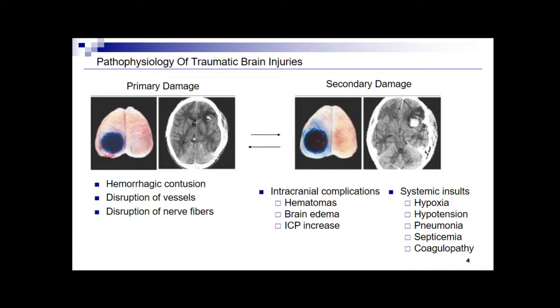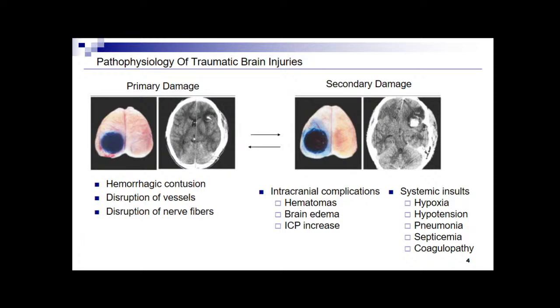Intracranial complications may be different types of hematomas: epidural, subdural, and intraventricular variants, all inside the brain tissue. Brain edema is a result of dyscirculation, disorders of microvasculature in brain tissue, and rising intracranial pressure due to reduced brain volume.